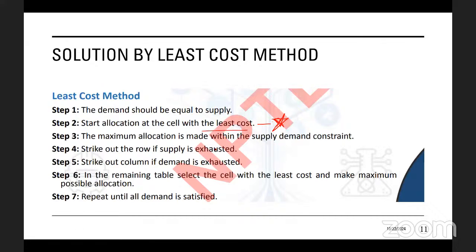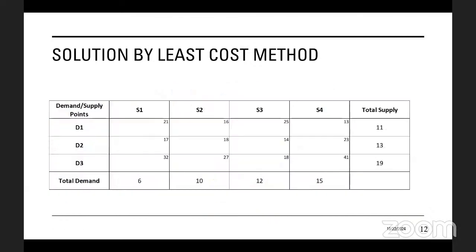All other rules remain the same: the maximum allocation is made within the supply and demand constraints, the rows and columns are struck out, and we repeat until all the demand and supply is satisfied.